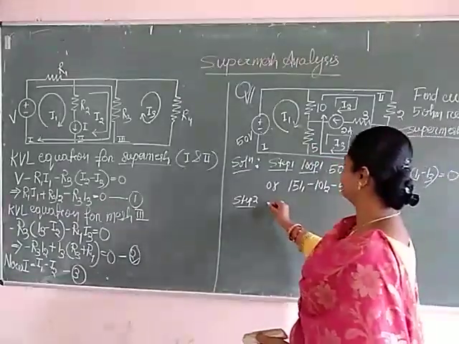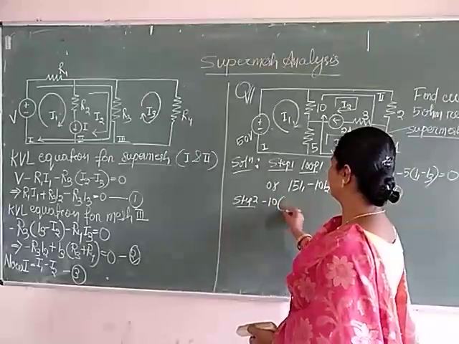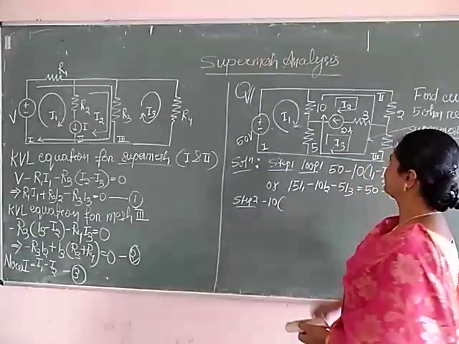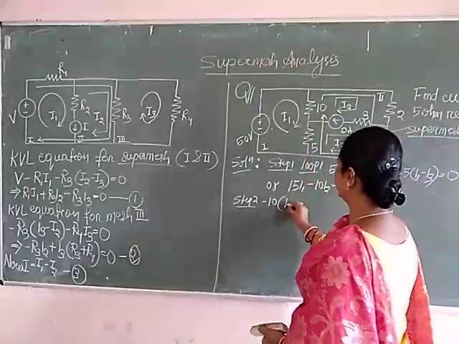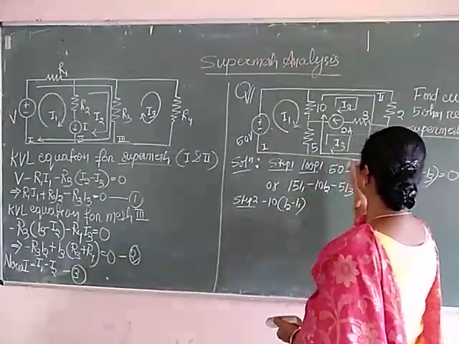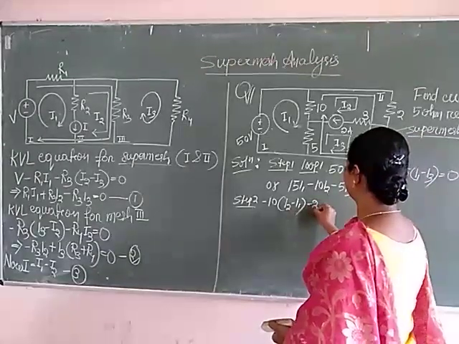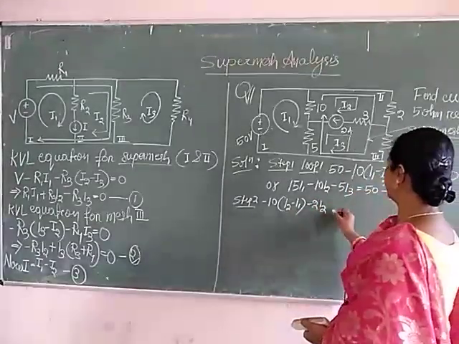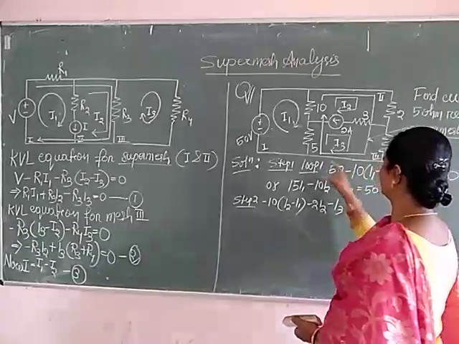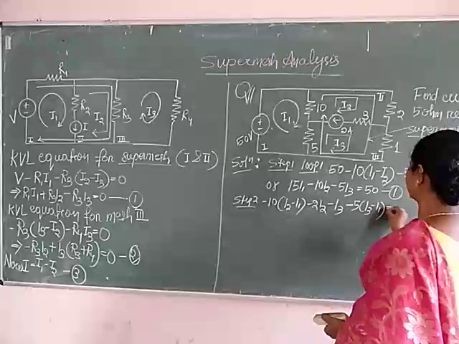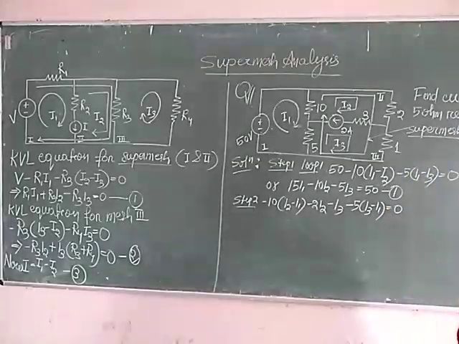So across 10 ohm the voltage drop is, as it is a voltage drop, I take the negative polarity, the current flowing is I2 minus I1. Through 2 ohm only I2 current flows, through 1 ohm only I3 current flows, through 5 ohm I3 and I1 both flow, that is equal to 0 as it does not consist of any voltage source.